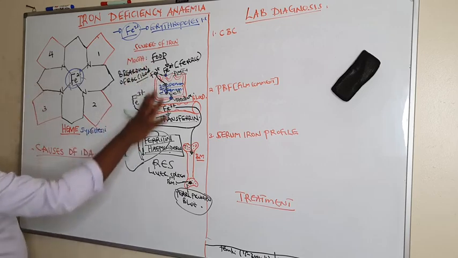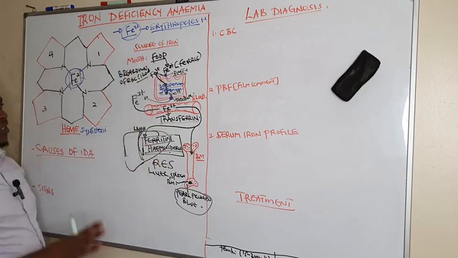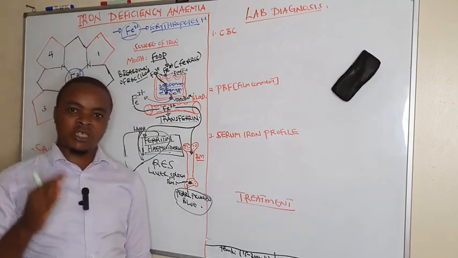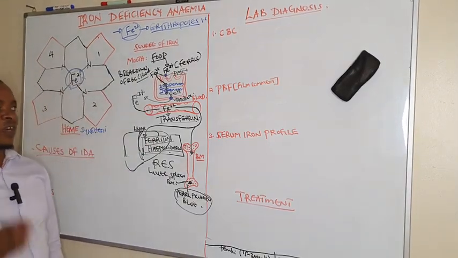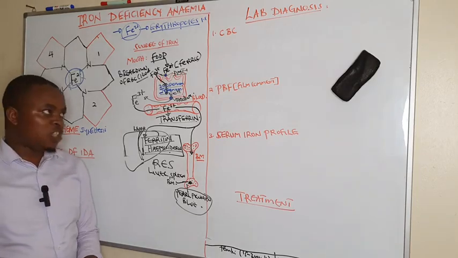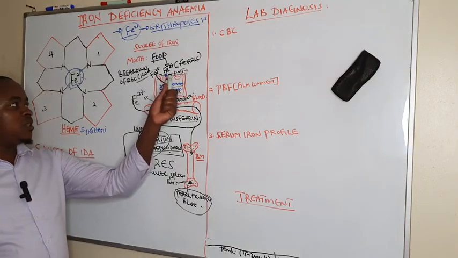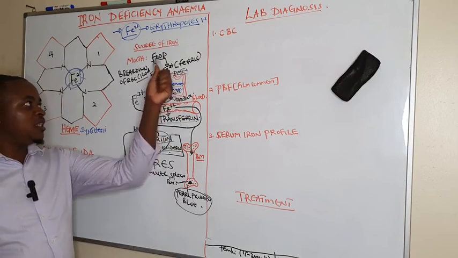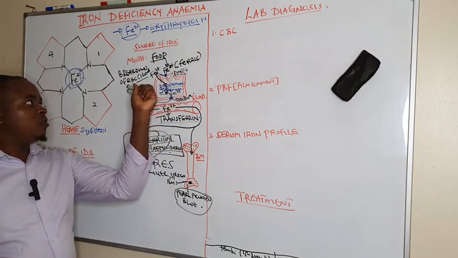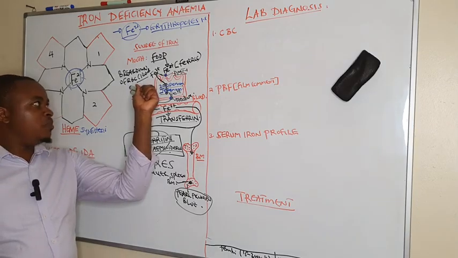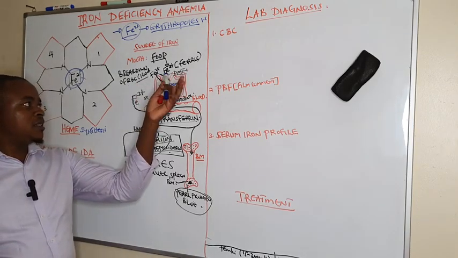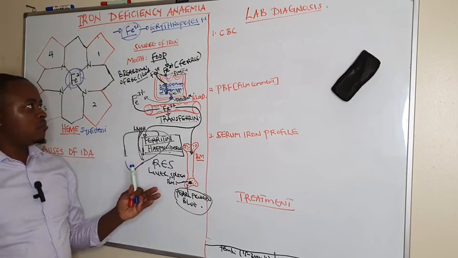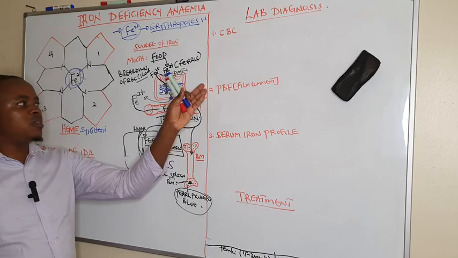So after understanding this physiology of absorption, transportation, and storage of iron, we have seen that in the duodenum, iron eaten in food or from broken RBCs is absorbed by the divalent metal transporter.